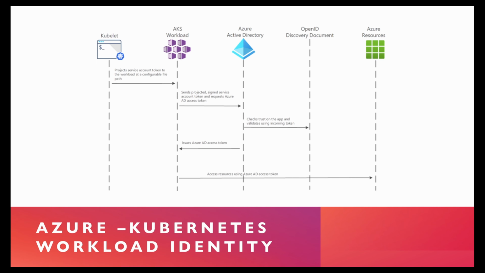So when the kubelet is going to interact with the AKS cluster workload directly, that means with a deployment in this case, it is going to be requesting an access token through a configuration file. So when the AKS workload requires an authentication to access an Azure resource, it is going to make a request to the Azure Active Directory, and the Azure Active Directory is going to use the OpenID discovery document that we will set up through the OIDC command.